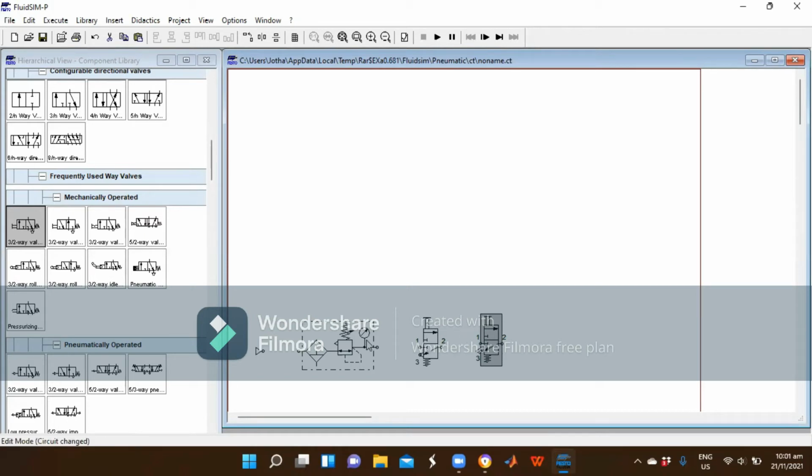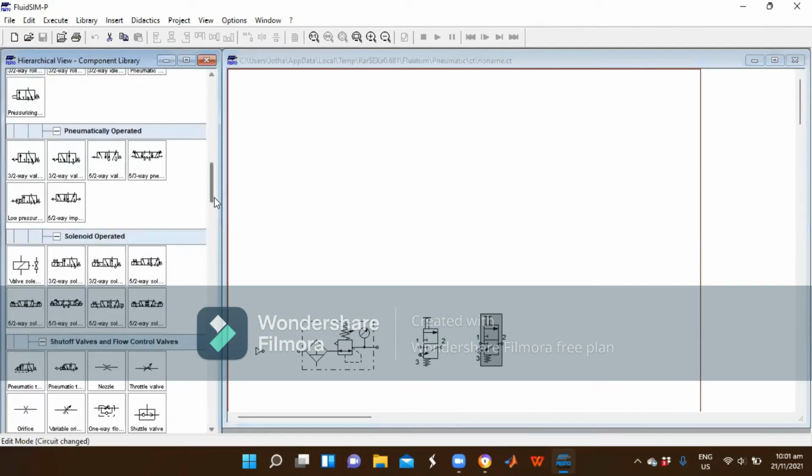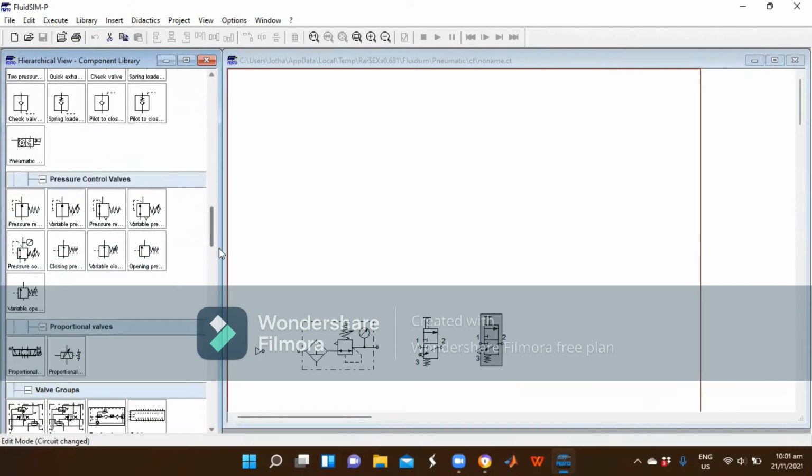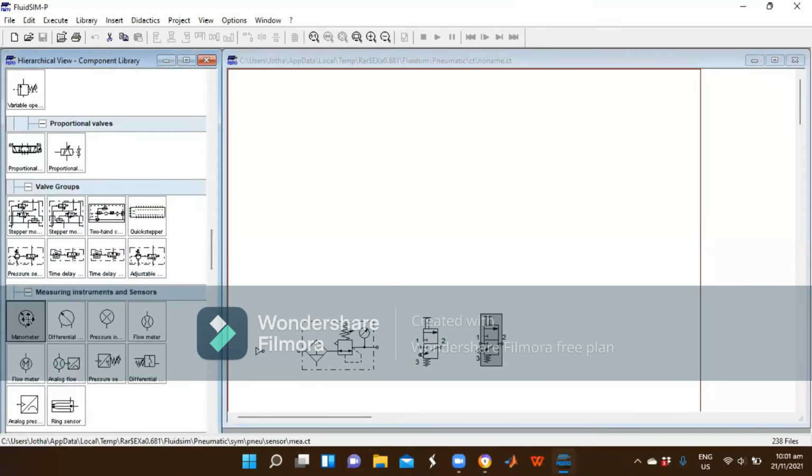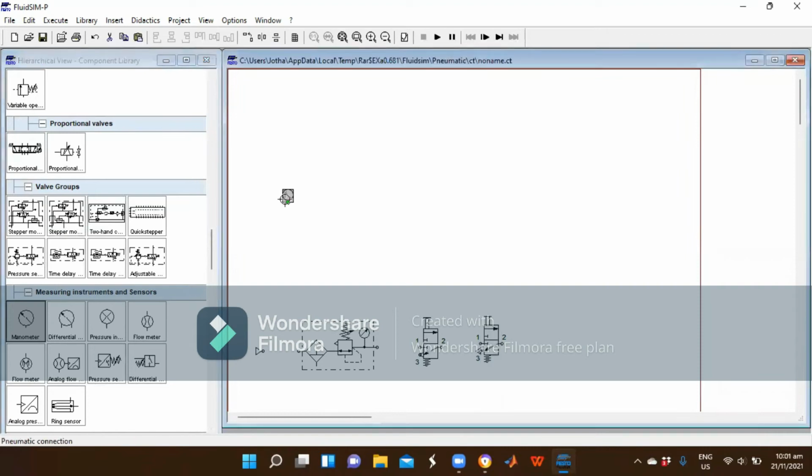Then it is followed by a manometer, and a one-way flow control valve.